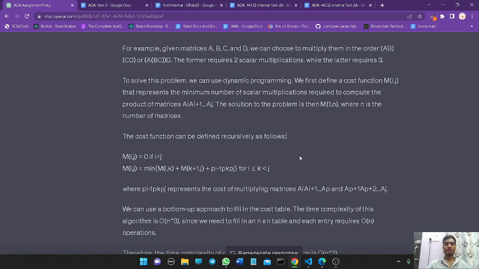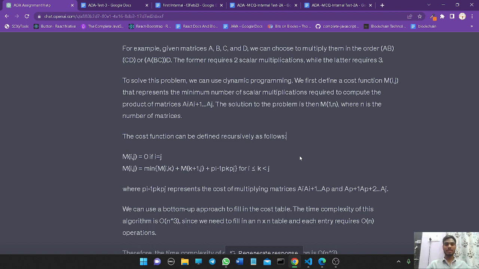To solve the problem, we can use dynamic programming. We first define a cost function m of i, j representing the minimum number of scalar multiplications required to compute the product of the matrices A i through A j. The solution of the problem is m of 1, n, where n is the number of matrices.